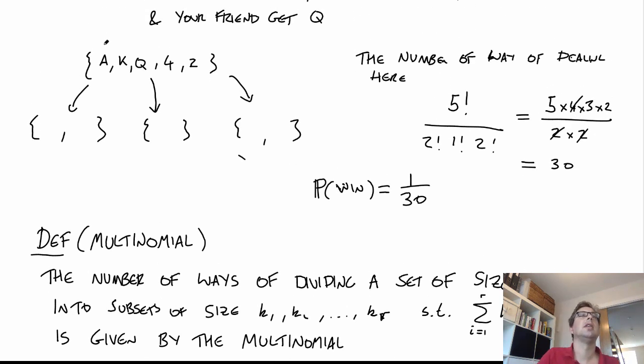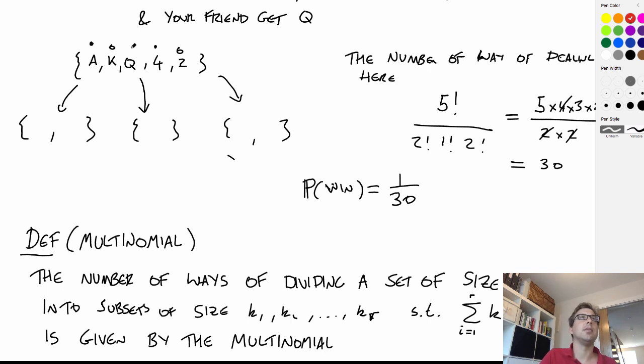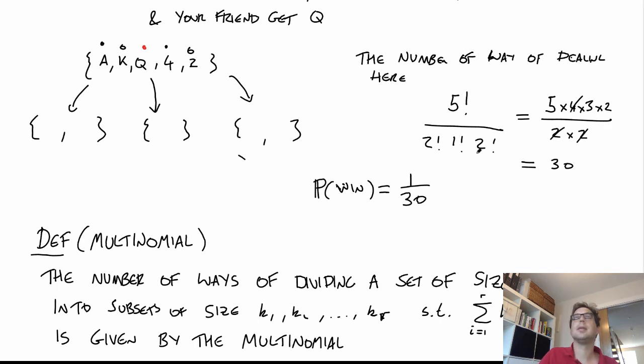Just like we had the black dots and the white dots before, we need 2 items to be black, 2 items to be white, and 1 item another colour, say red.